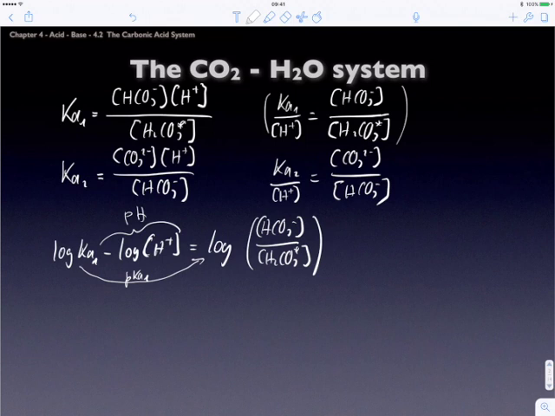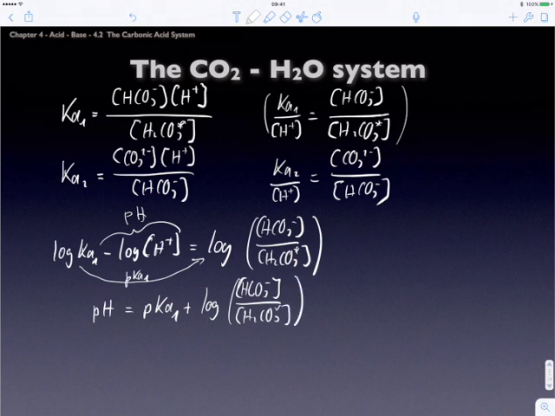So you can rearrange that by writing pH equals pKa1 plus log of the concentration of HCO3- divided by the concentration of carbonic acid. So now you can work with that, because you can do exactly the same. This is for equation 1.